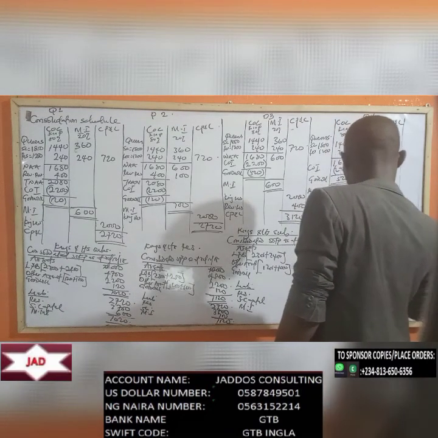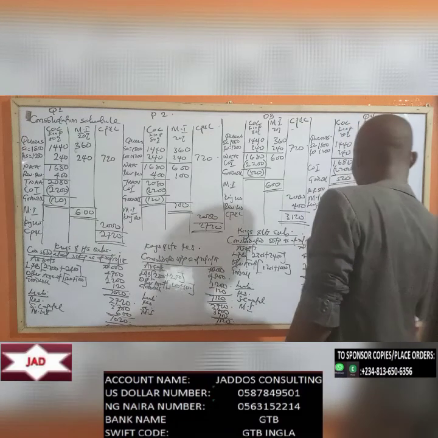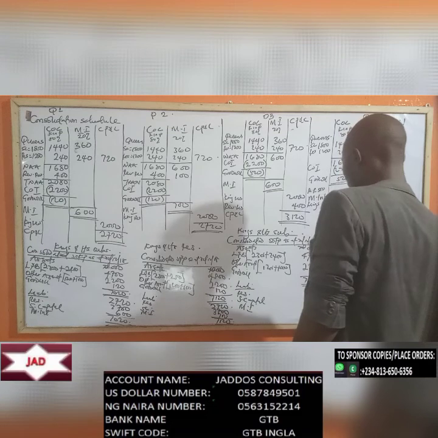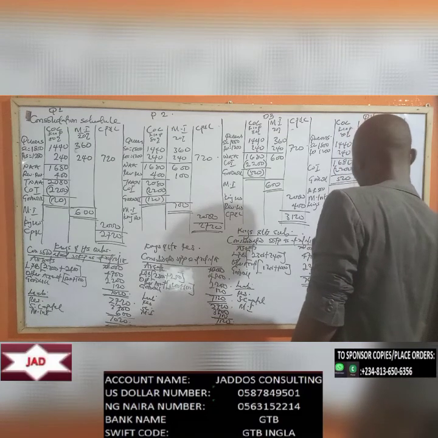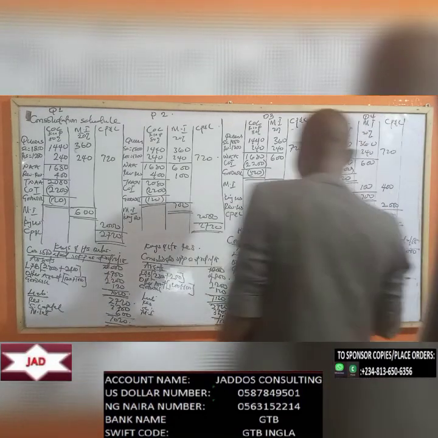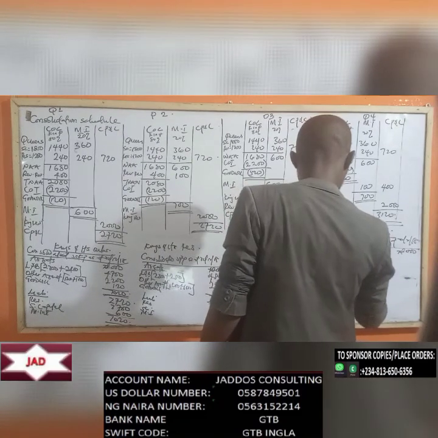So we have Kings and its subsidiary. Consolidated statement of financial position as at 31st December 18. So what do we have here? We have what? Assets.